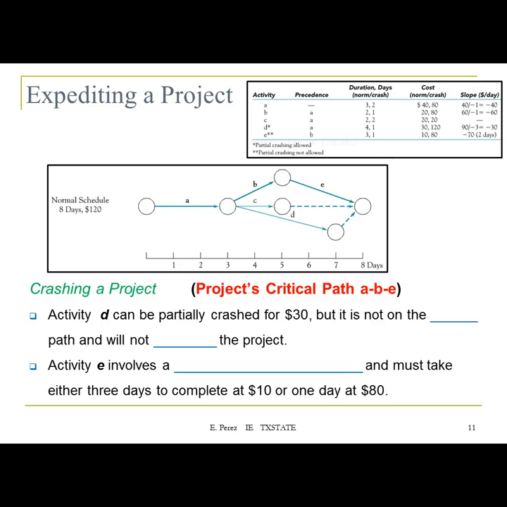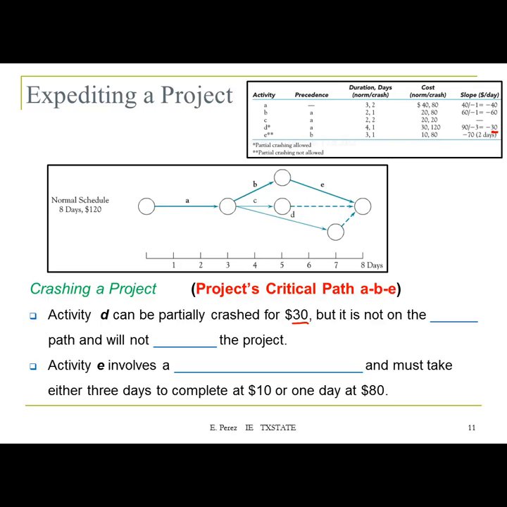If we look at the network and also at this information, activity D can be partially crashed for $30.